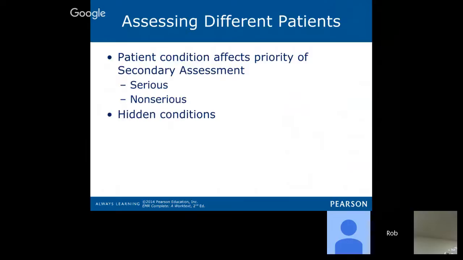On page 290, you have integrating the history and physical examination of the medical patient, and integrating history and physical examination of the trauma patient. Hey, look, they go into the trauma patient and they talk about DOTS.